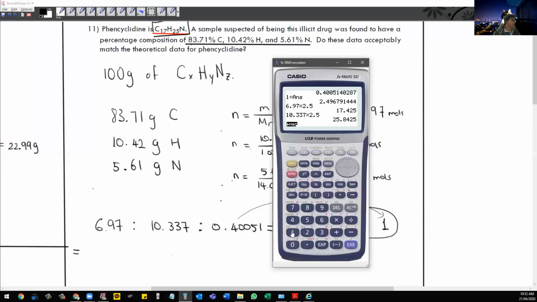So we know that if I want to make that exactly 17, 17 divided by 6.97 is 2 point something, I've got to multiply everything by 2.44, okay? So if I do 10.337 times this one here, then I get very close to 25.